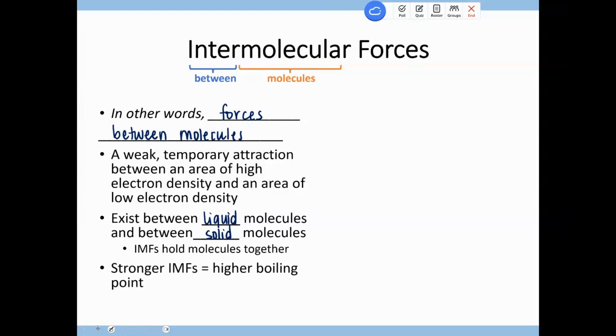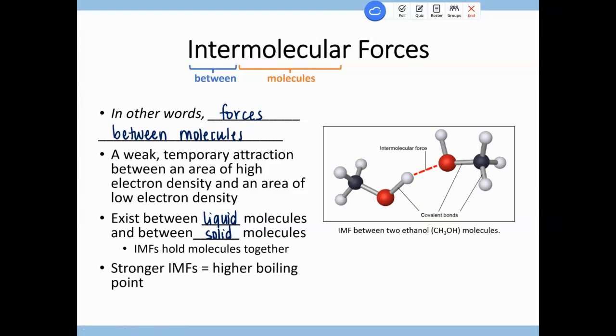So intermolecular forces hold molecules together, and there are a lot of implications of having stronger intermolecular forces. For example, molecules with strong intermolecular forces require a lot of energy to break those forces. So stronger intermolecular forces means that substance would have a higher boiling point, because those forces of attraction need to be broken for something to boil and become a gas.